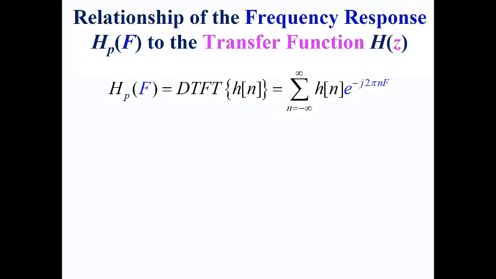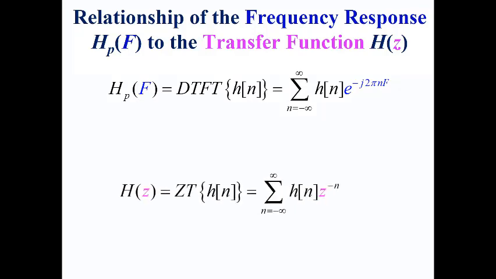Now, if we want to convert that H of z, the transfer function, to the frequency response H of f, we can recall the similarity between the Z-transform of h of n and the DTFT of h of n. Using their summation definitions, they actually do look identical. In fact, they are identical if we choose a particular set of values for z.